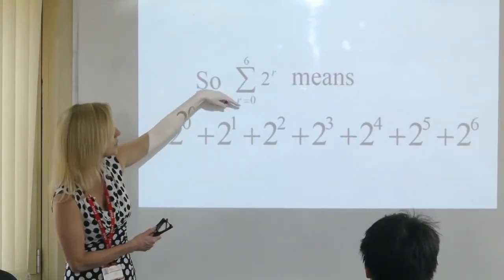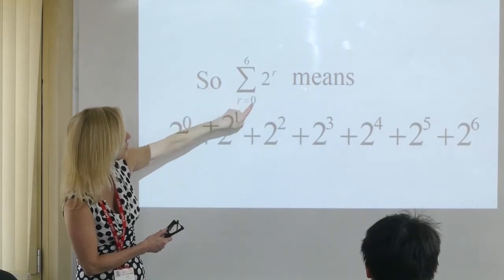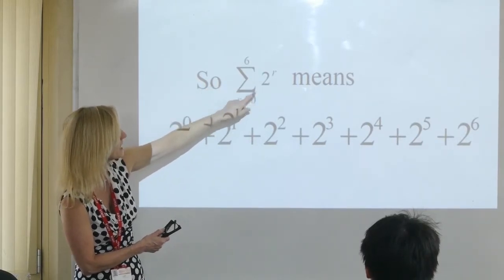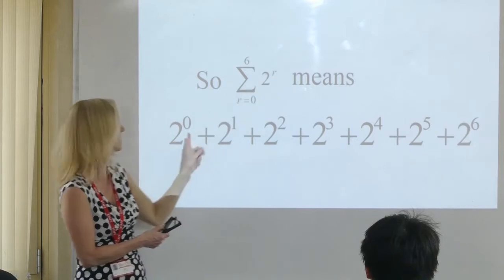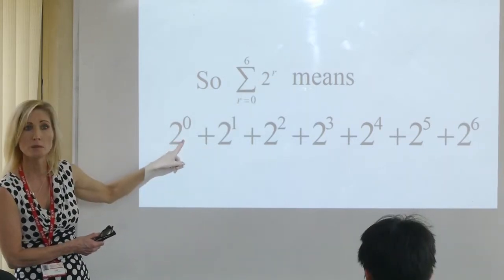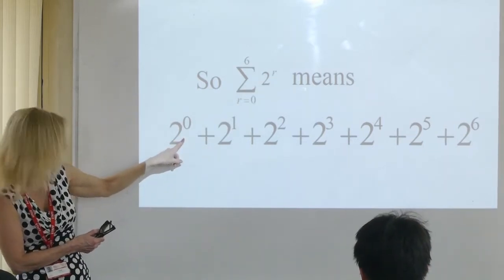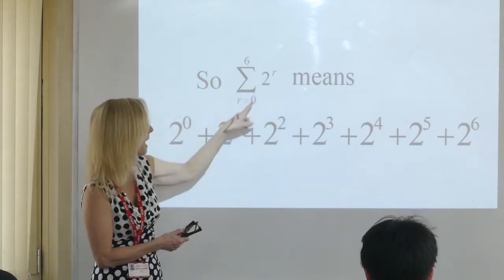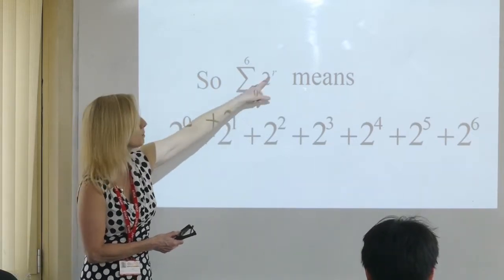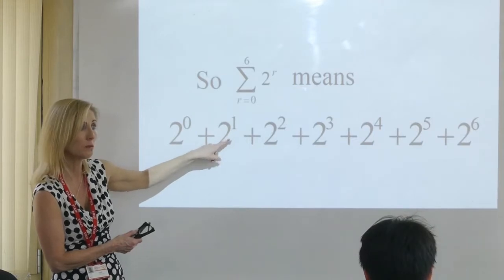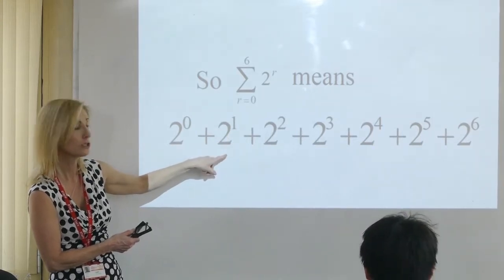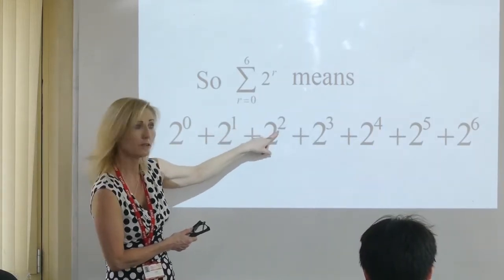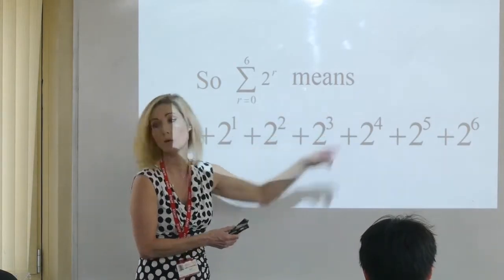When we substitute in R is 0, we get 2 to the power of 0. Now, what is 2 to the power of 0? 1, right. And then when R is 1, we get 2 to the power of 1. What is 2 to the power of 1? 2. 2 to the power of 2, 4, and so on.